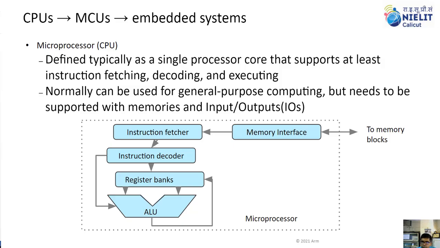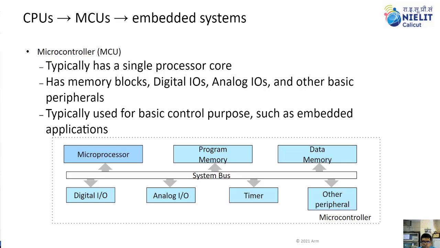The instruction fetcher fetches from memory, the instruction decoder decodes the instruction, and it executes in the ALU, using the register bank for storing. Depending on the design, 8-bit, 16-bit, 32-bit or 64-bit wide registers will be available.